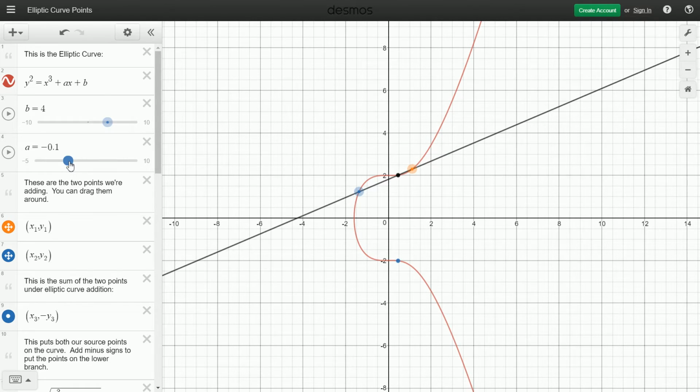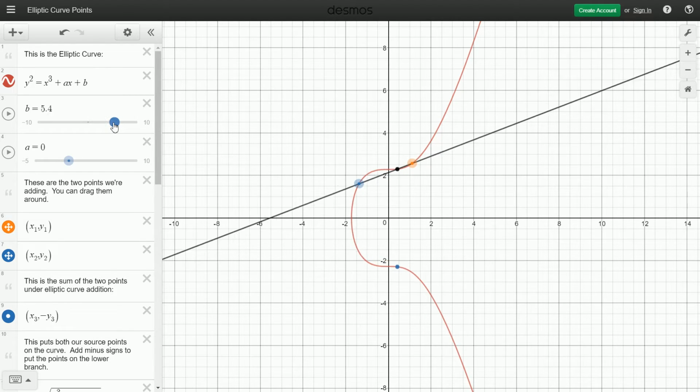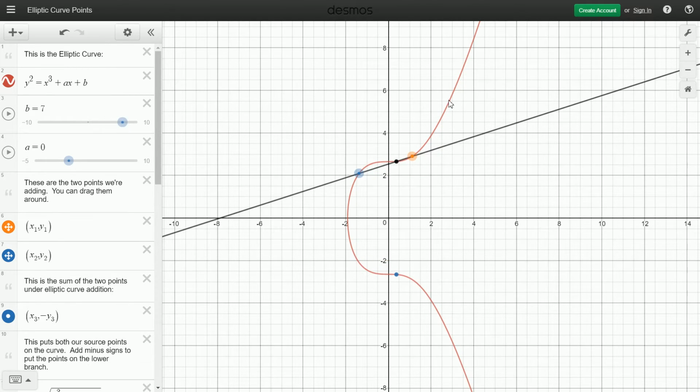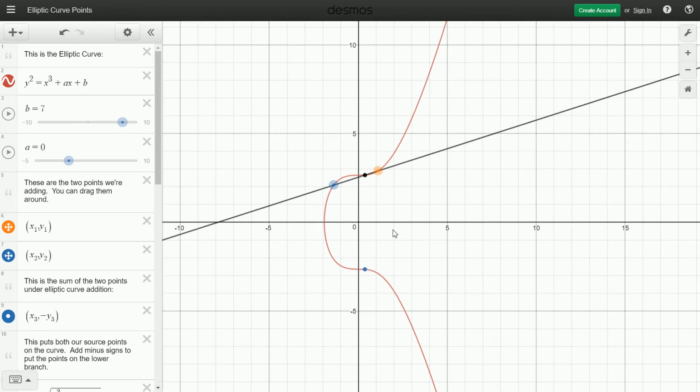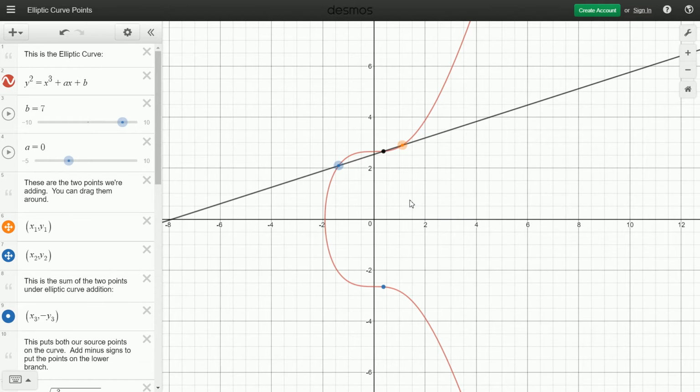I can't land on that, that's kind of frustrating. There we go. And then b is 7. So this particular curve is a popular curve. I believe it's used in Bitcoin and others. There's a name for it, like secp256k1, or I forget. It doesn't really matter. But this is what one curve looks like.